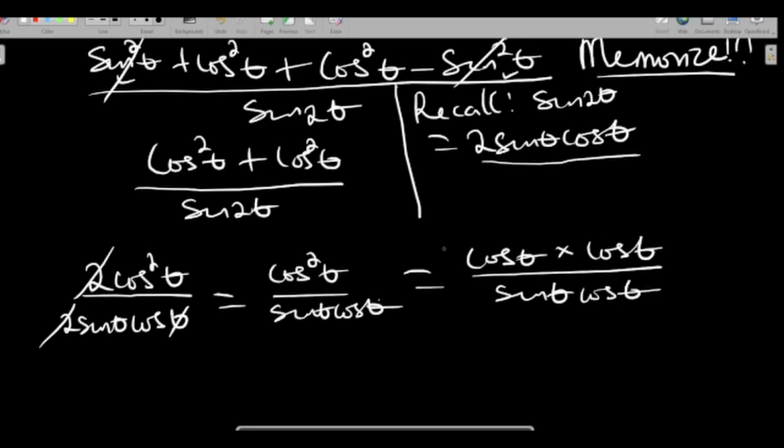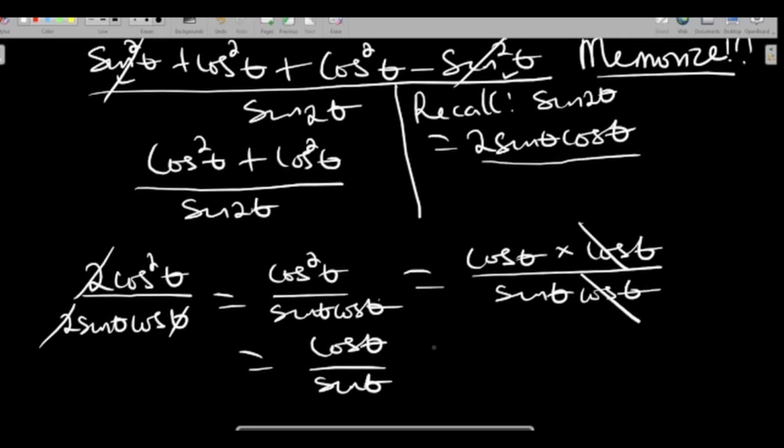It's just the same. So I split them up so that you understand when I start canceling them out. Now, since they're multiplying, the cos theta on top can cancel out with the cos theta down. So what now remains will now become cos theta over sine theta.